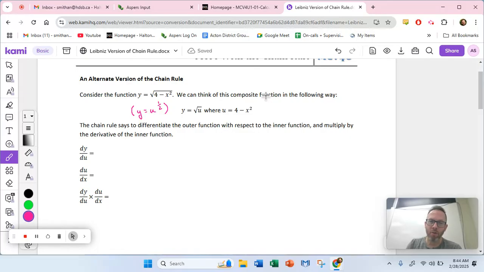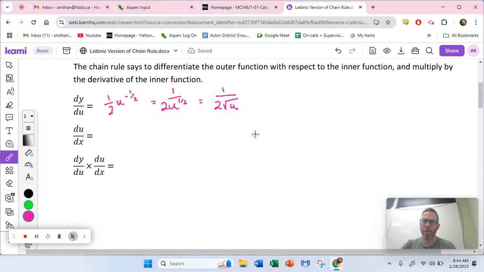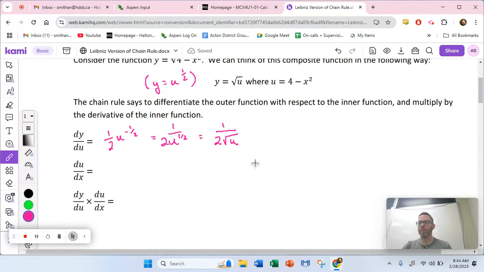For dy by du, we bring down the 1/2, we take 1 off the exponent, and that's the derivative. Of course, the u to the 1/2 goes in the bottom, and that's just 1 over, oh, I missed a 2 there, pardon me. It's 1 over 2 root u. We've done that derivative probably 3 times already, so if you can just go right there, that's totally fine. That's dy by du.